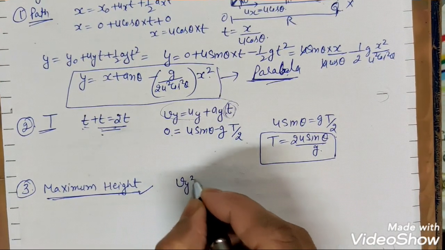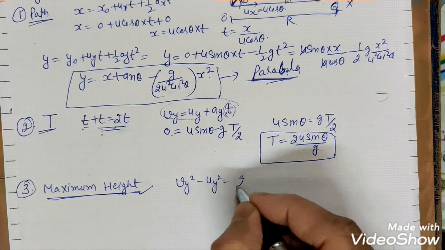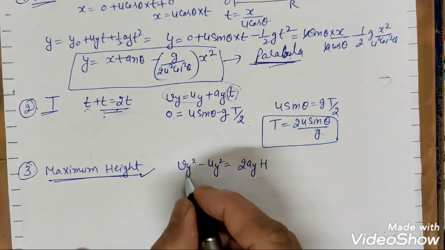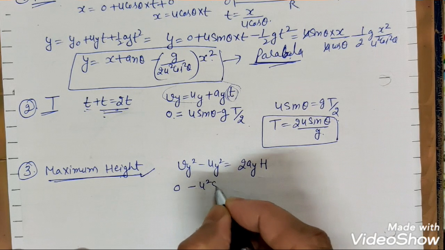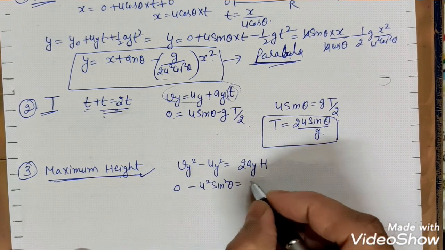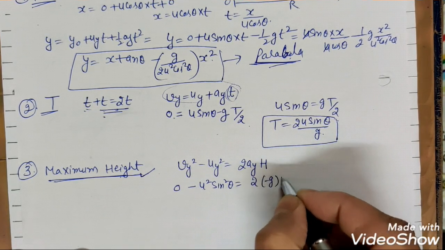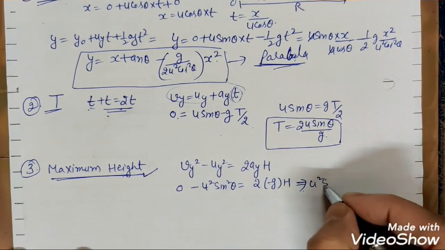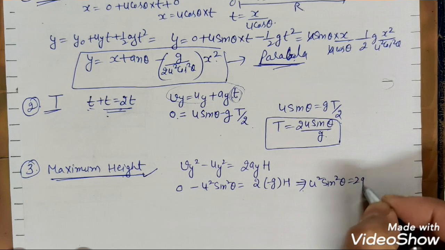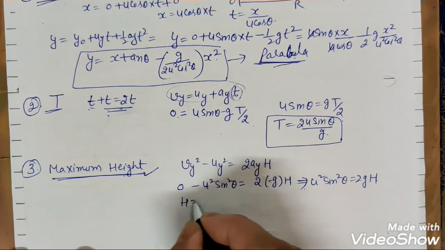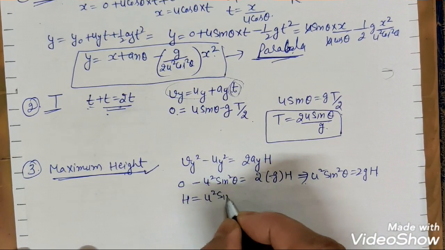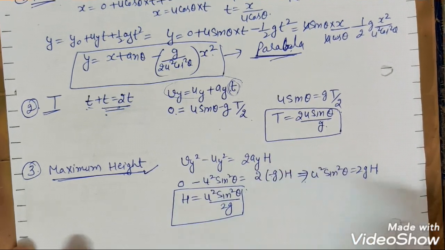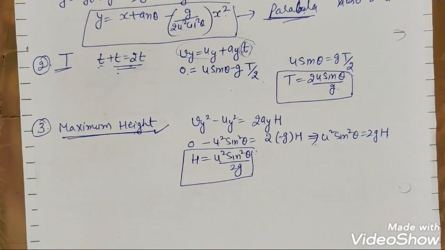For this we use the equation v y square equals uy square plus 2ayh, the maximum height formula. This is 0, this is u square sin square theta, this is 2 times minus g h, and what we got here is u square sin square theta equals 2gh, and the maximum height becomes u square sin square theta upon 2g. This is called the maximum height in this case.